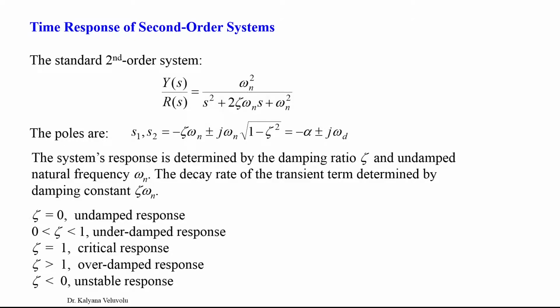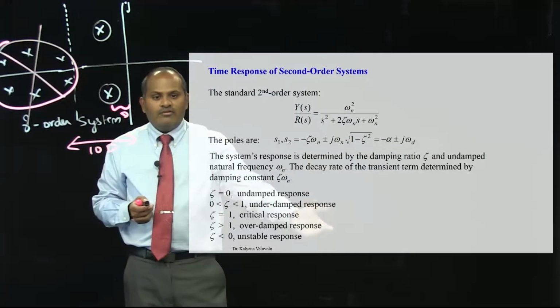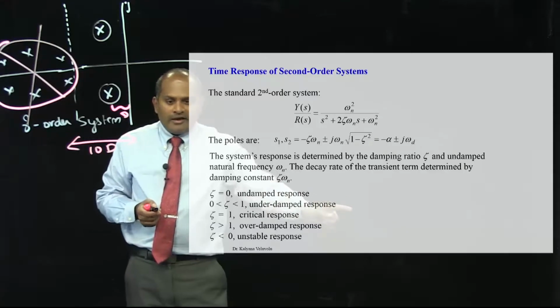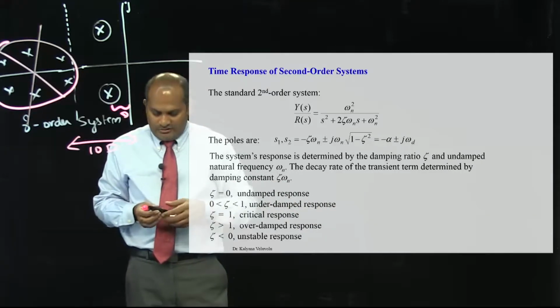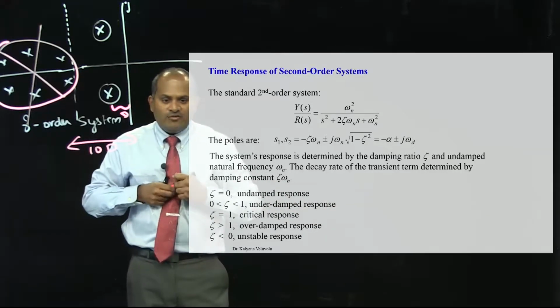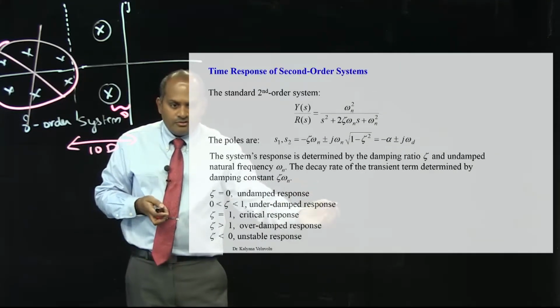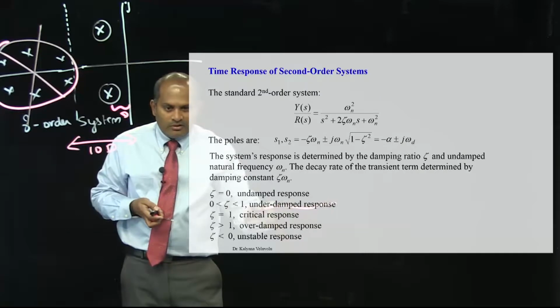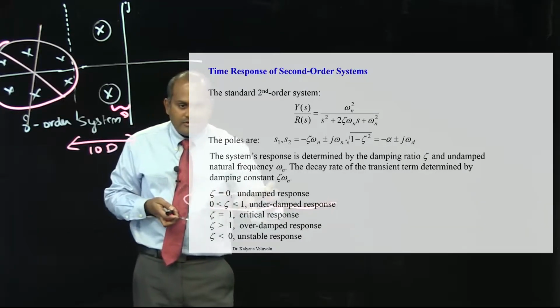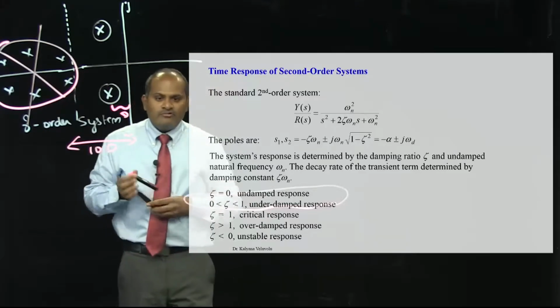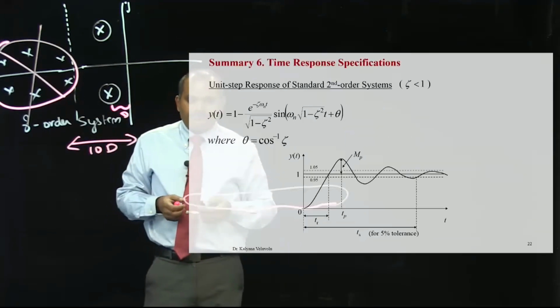We analyzed the standard second order systems, and then we analyzed various responses: undamped, underdamped, critical, overdamped, unstable. Of all these, underdamped is the most important. So students should specifically focus on the underdamped system. This is the most important part of the response.